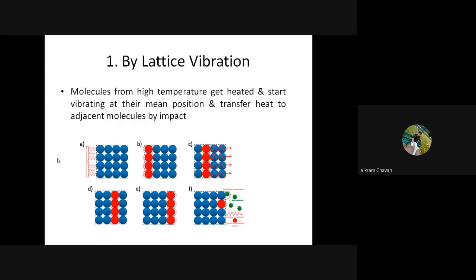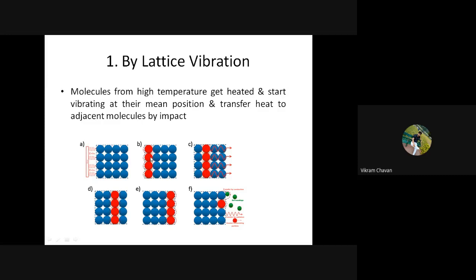Okay, so how does heat transfer because of lattice vibration? Initially we consider figure A. It is one substance which has the same temperature for all the molecules of that substance. These are the molecules. Once we provide heat to one side of the substance, the molecules on that side get heated and start vibrating at their mean position.